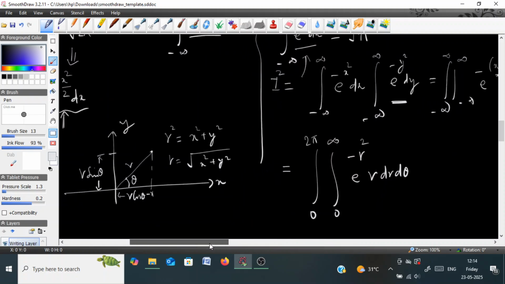Okay, because if x goes from minus infinity to plus infinity, and y goes from minus infinity to plus infinity, your r will go from 0 to infinity, definitely.